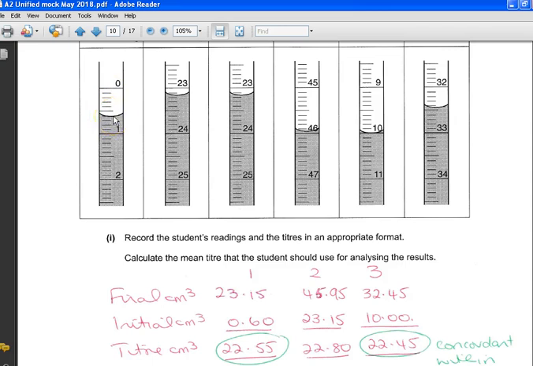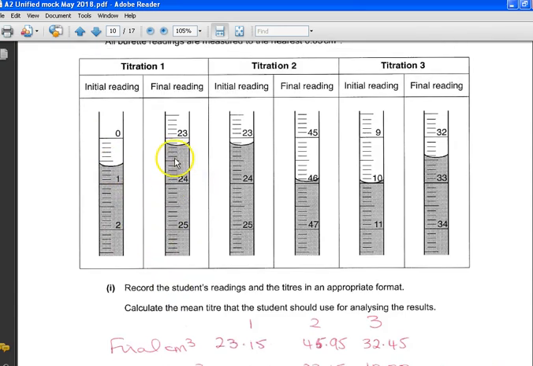You always write values from a burette to 2 decimal places, so it's either going to be 0.60 or 0.65, depending on the reading. So your initial reading is 0.60, and in this titration the final reading is 23.15, because the meniscus is between the 2 gradations on the burette.